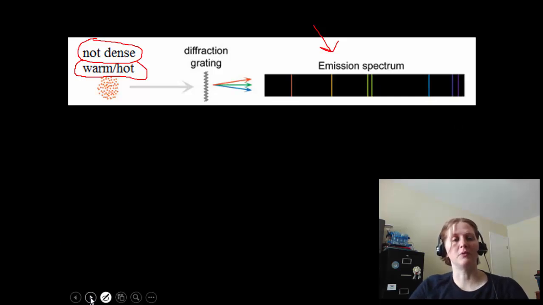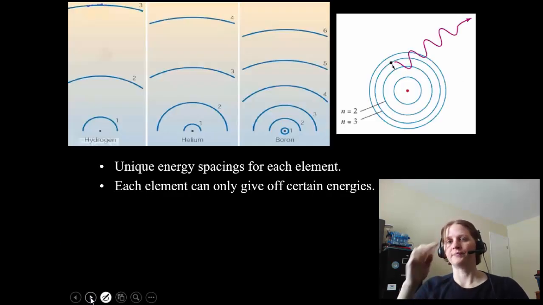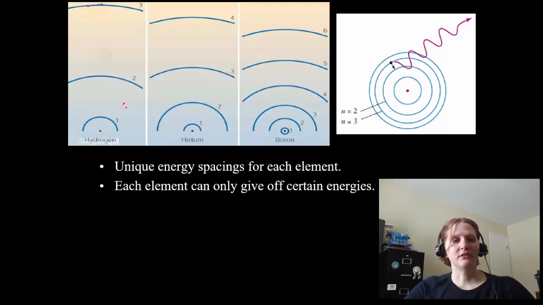So let's go into that a little bit more. In the center of each atom, you've got the nucleus. So here's the nucleus of hydrogen, the nucleus of helium, the nucleus of boron. And that's where all your protons and neutrons are. And what's in the nucleus affects the electron energy levels.